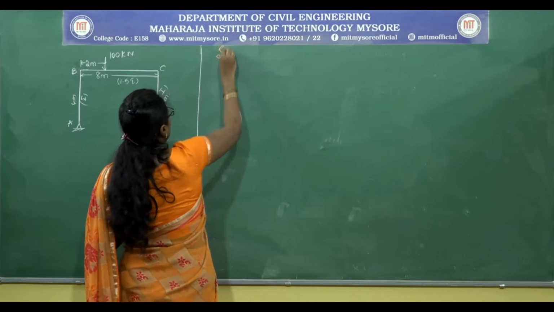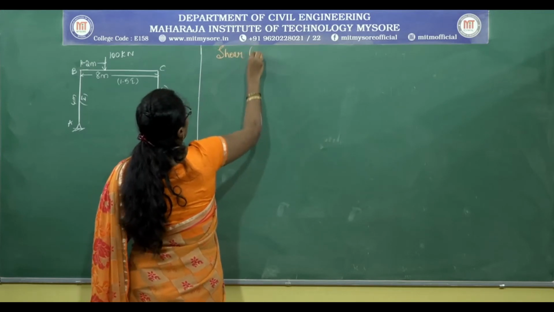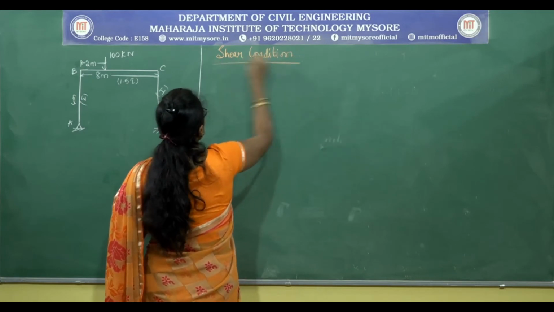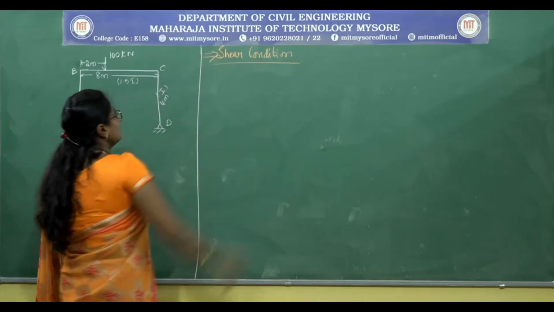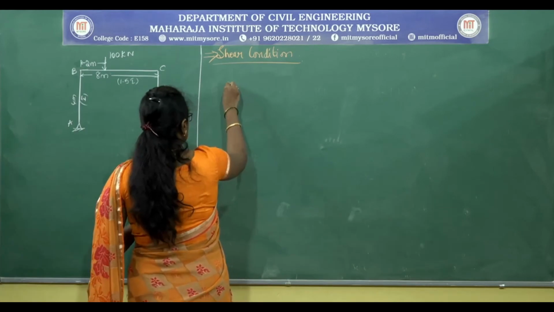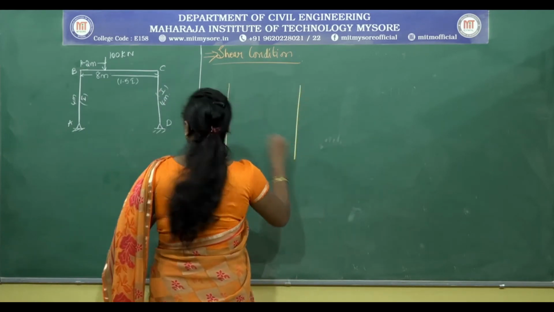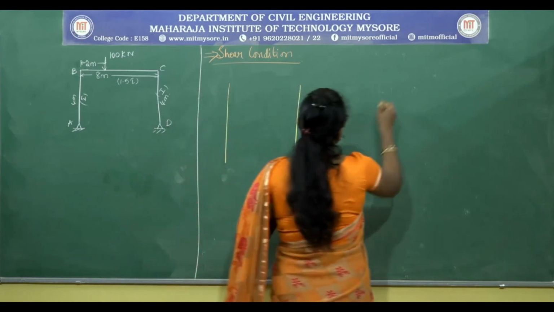Next we need to consider the shear condition. This is the member AB and this is the member CD.